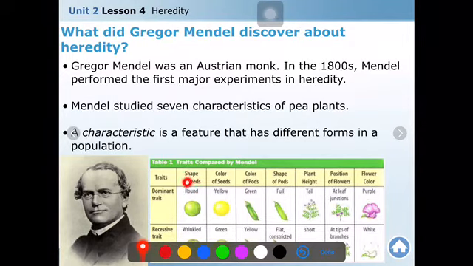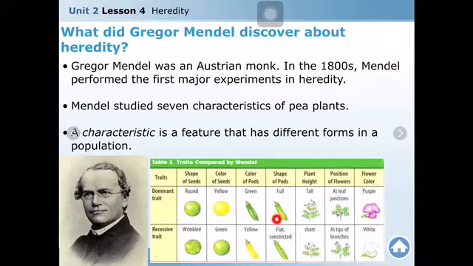You are able to see the shape of seeds. He examined them one by one. Firstly, he examined the shape of seeds, how it is transmitted. Color of seeds, how it is transmitted. Color of pods, shape of pods. Over here, the plant's height, position of flower, color. All of them were studied by Mendel.